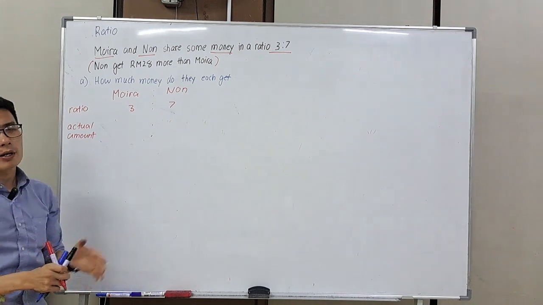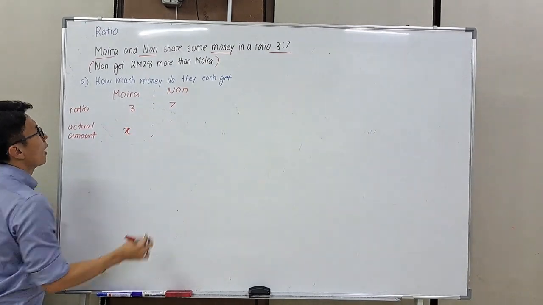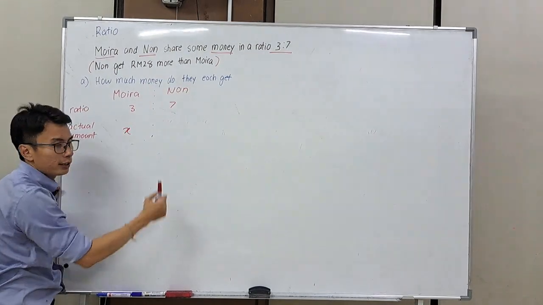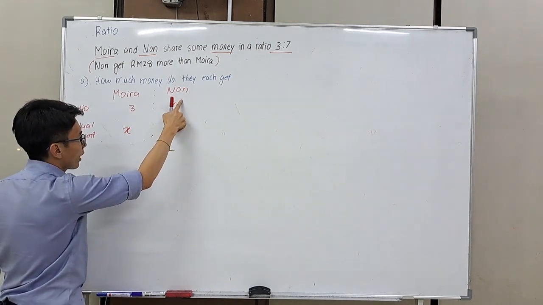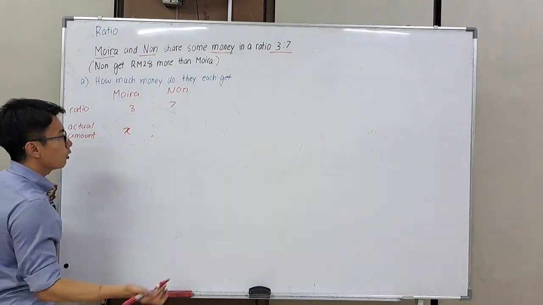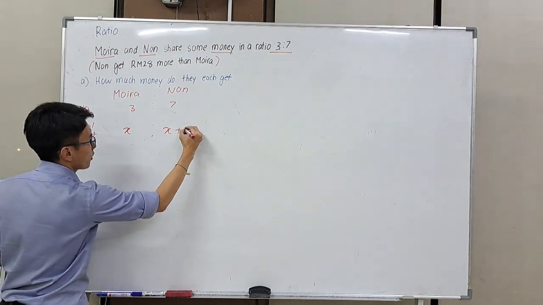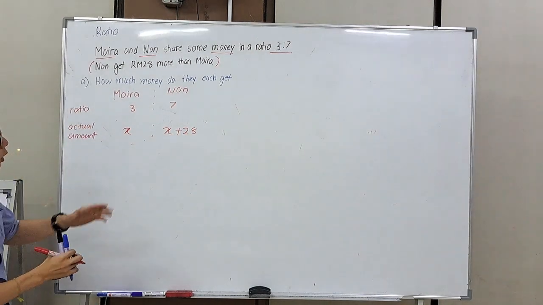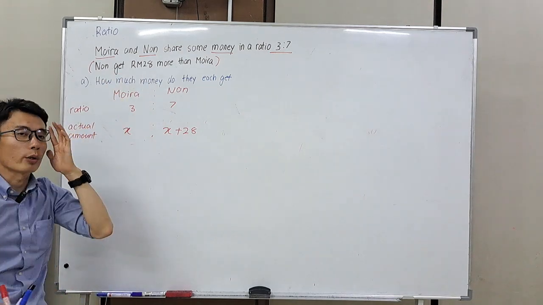Let's say Moira gets an X amount of money, which is an unknown. Then Non will get X plus 28 ringgit. That is how I construct this expression, based on my understanding of the question.